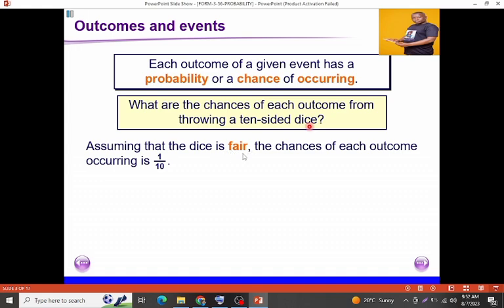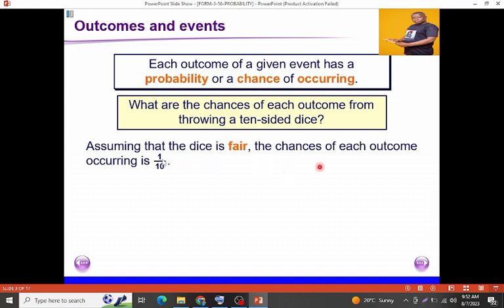Fair means that it cannot show two results or three results at the same time. So the chance of each outcome occurring is 1, because each number on the dice exists only once.